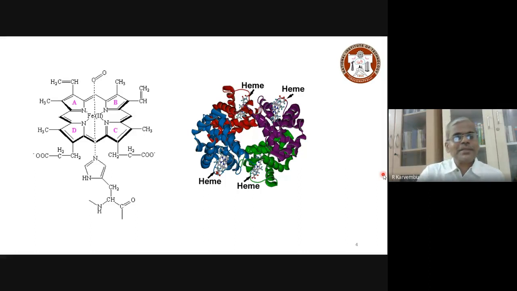Even if there is a deficiency of hemoglobin, you are not taking hemoglobin, you are taking only iron, then in the presence of iron, hemoglobin is formed in situ in the living system and helps in the transport of oxygen from the lungs to every cell of the body for the production of energy.